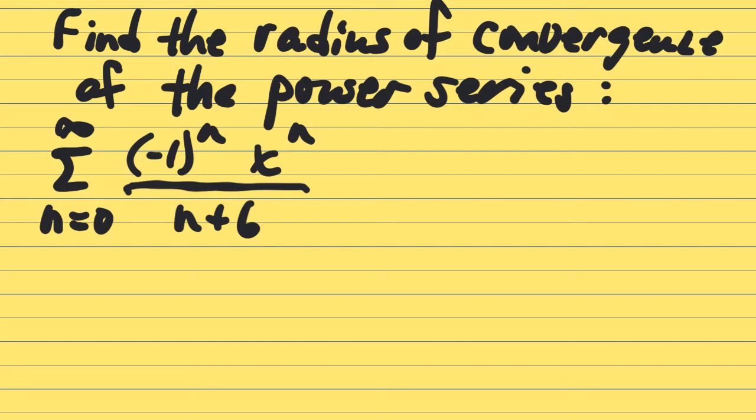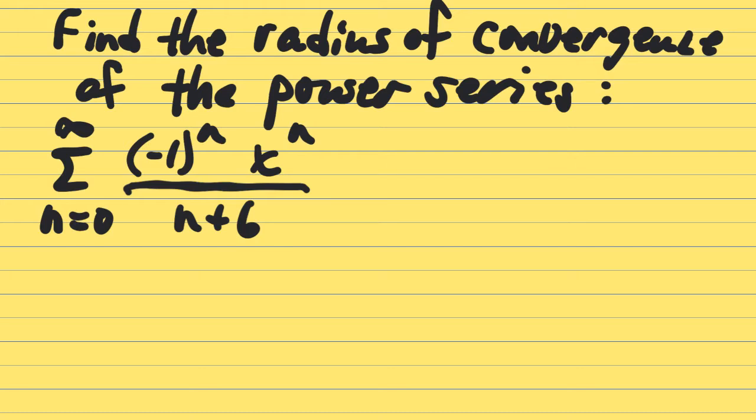Now, when you're asked to find the radius of convergence of a power series, then you use the ratio test, and that's from a previous homework. You want to find out what the limit of your ratio is for a sub n plus 1 over a sub n, absolute value, and we're going to look at that limit and see how x works alongside of it.